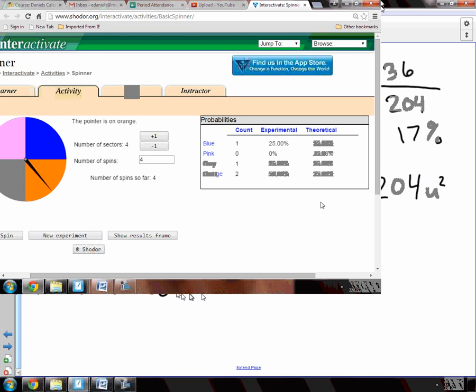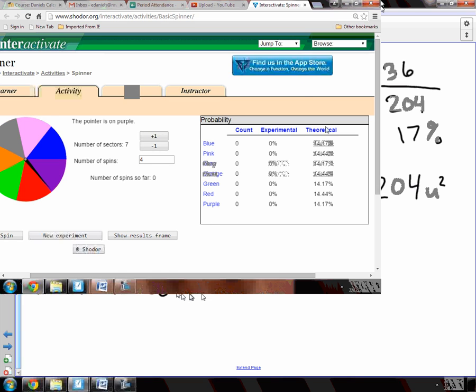More tries. So just for fun, we'll add a couple more shapes. So theoretically, each one should be landed on about 14% of the time. So let's just spin it 1,000 times. And you'll see they're pretty close. Earlier during prep period, I decided to see how many spins it would take to get pretty close.